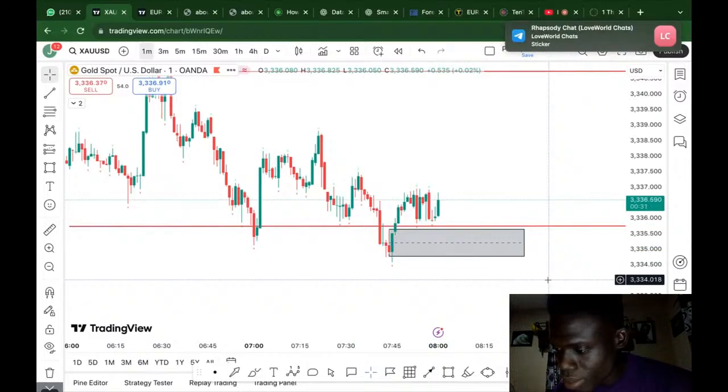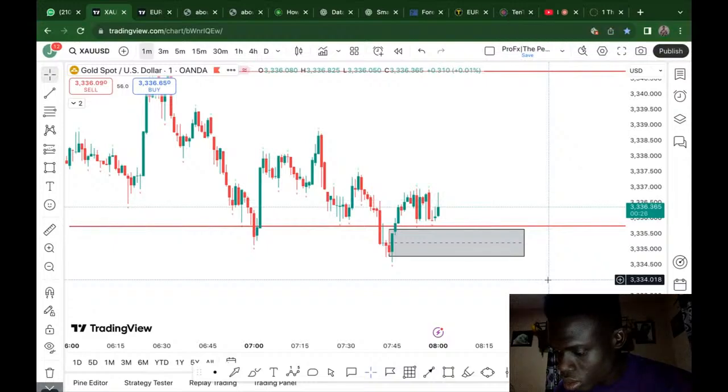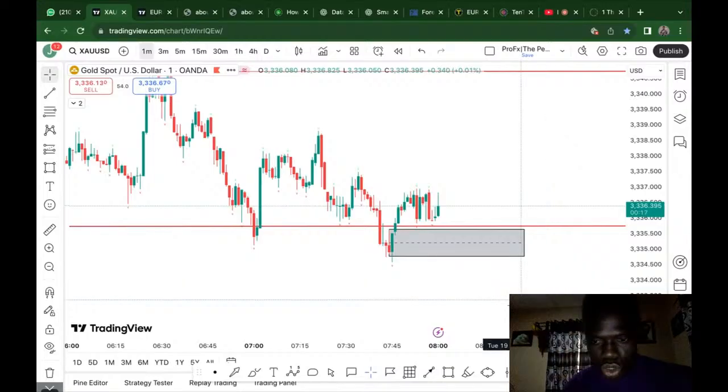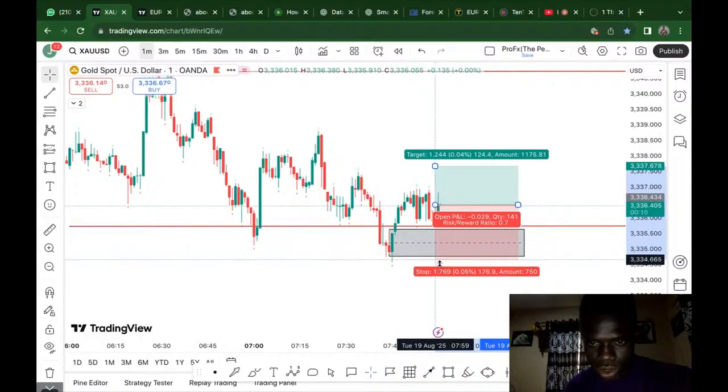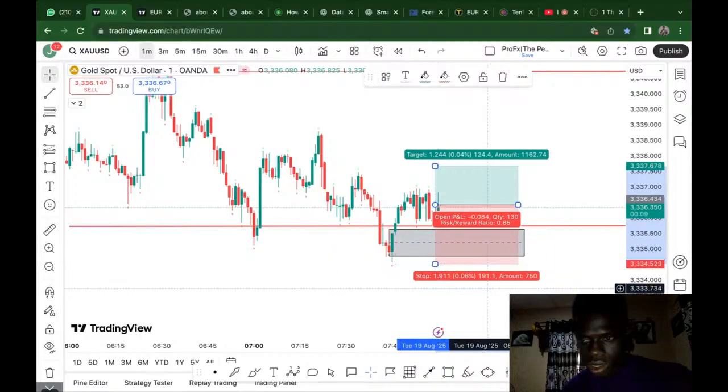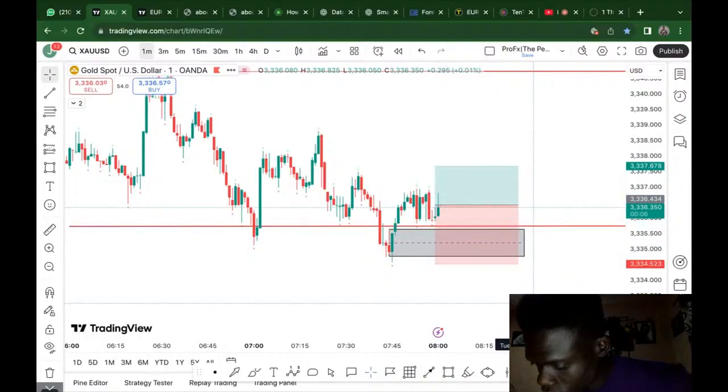I'll not use my main risk, I'll reduce my risk with this first buy, because my stop loss has to be below the liquidity. If I'm buying from here, my stop loss has to be below the liquidity, which is this. So the stop loss is that.